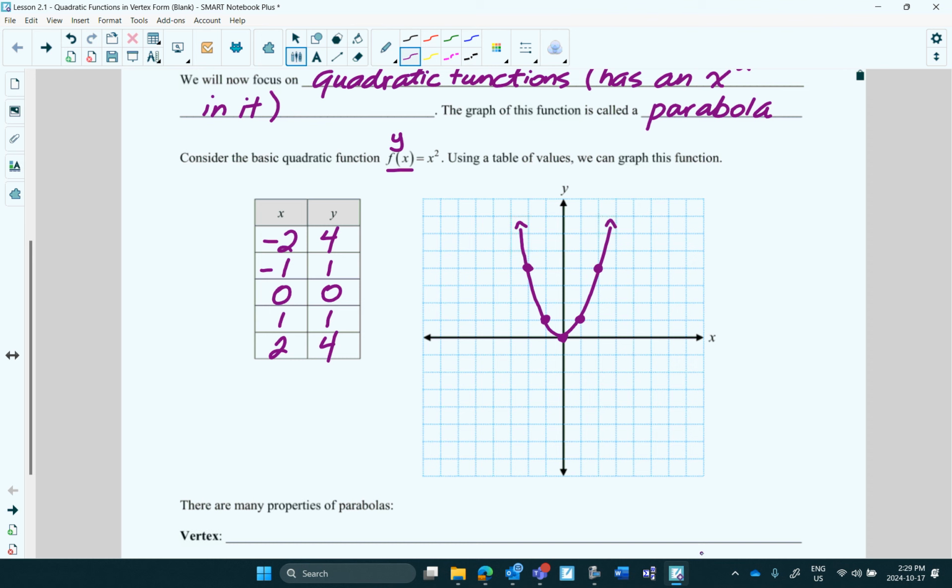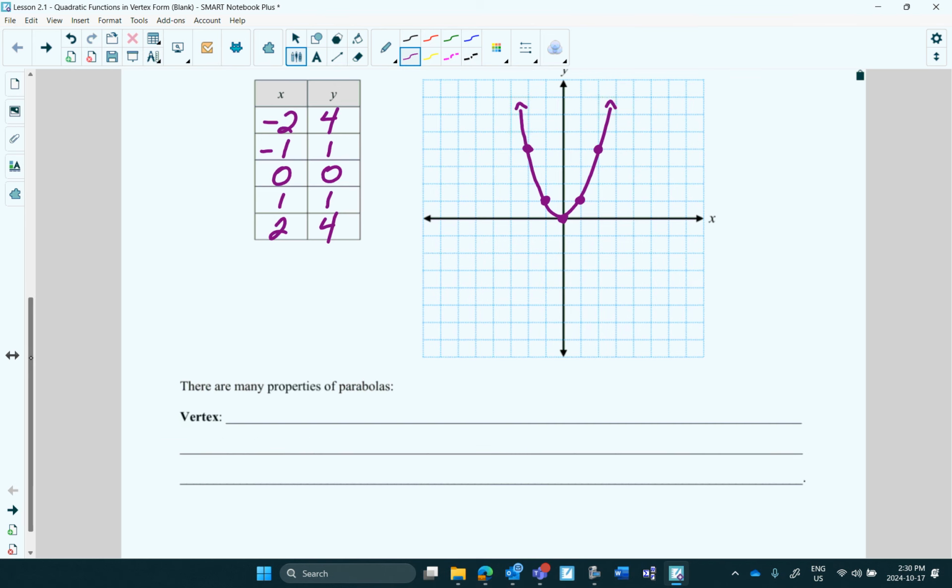From this parabola, we can graph other ones if we know this one. Okay. Certain vocabulary that goes along with quadratic functions. When we graph a quadratic function, we get a parabola. One of the main points on the parabola is called the vertex.